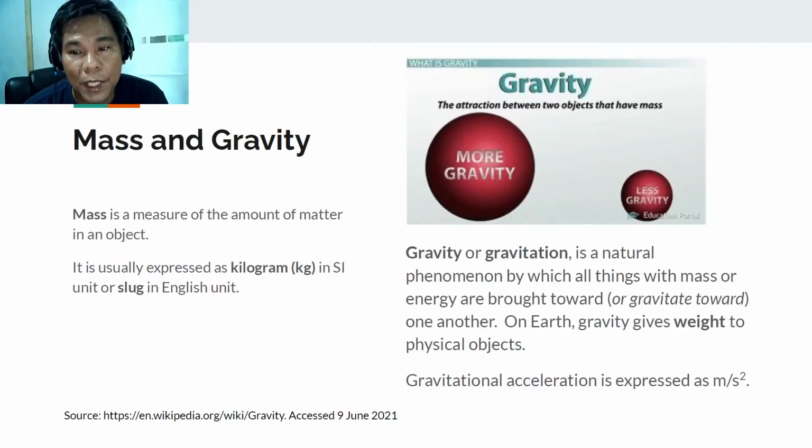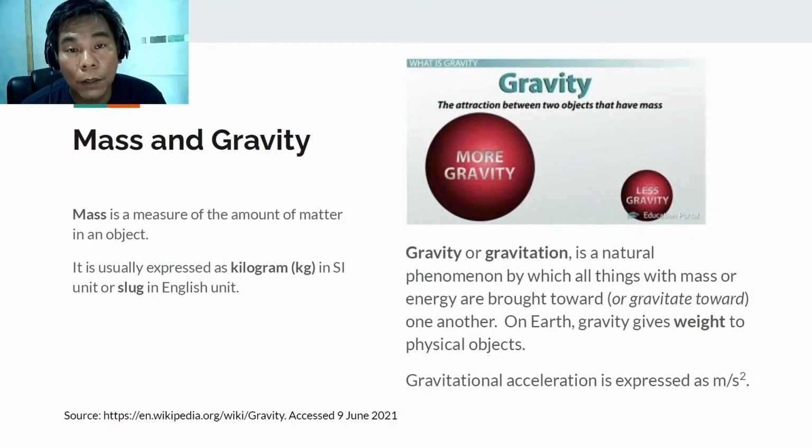But first, we need to know more about mass and gravity. What is mass? Mass is actually a measure of the amount of matter in an object. It is usually expressed as kilograms in SI or slug in English units.